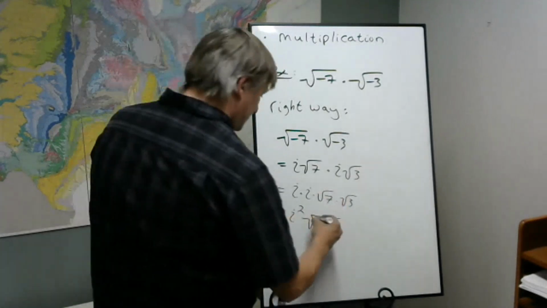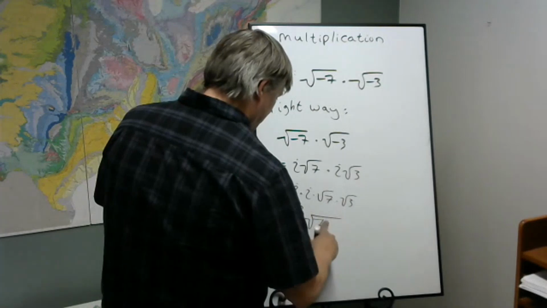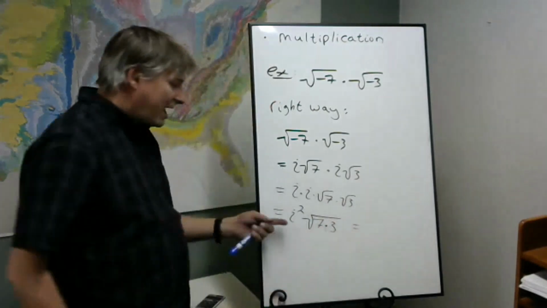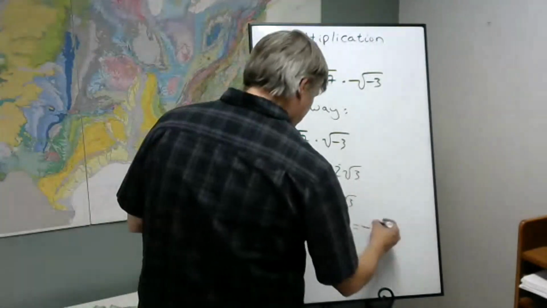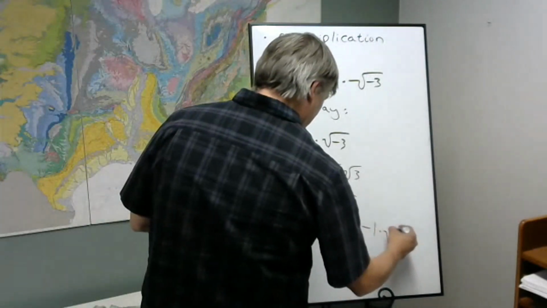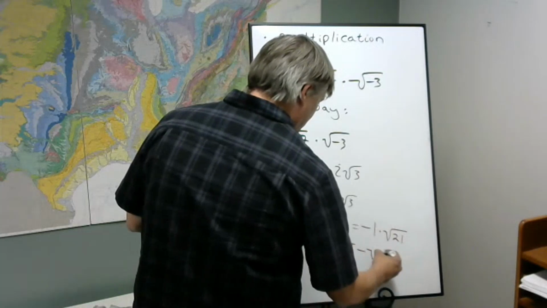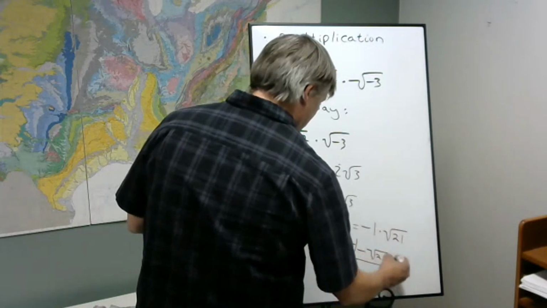Now we merge these to get 7 times 3. Now i squared is negative 1, and this is square root 21, or negative square root 21.